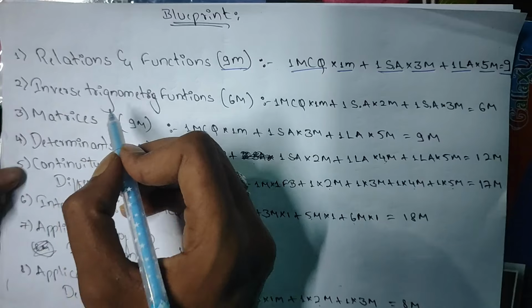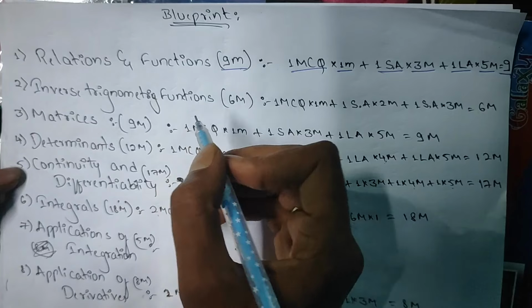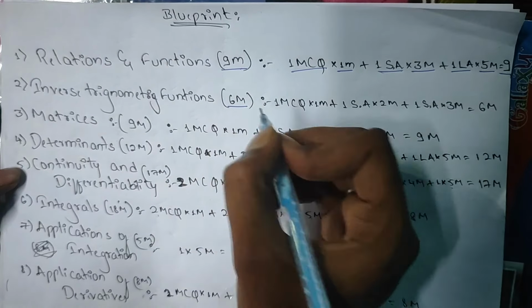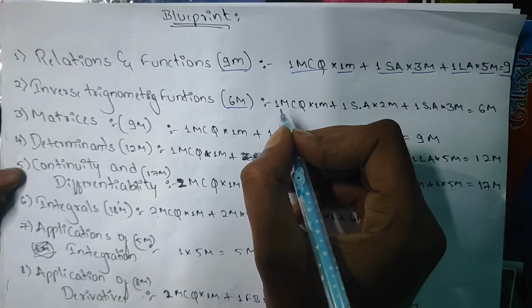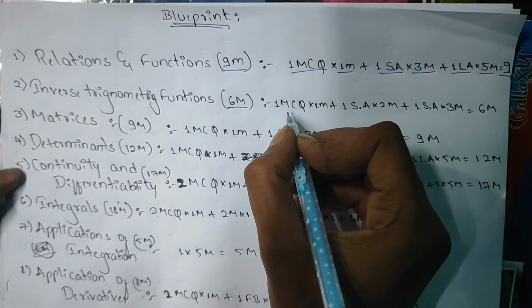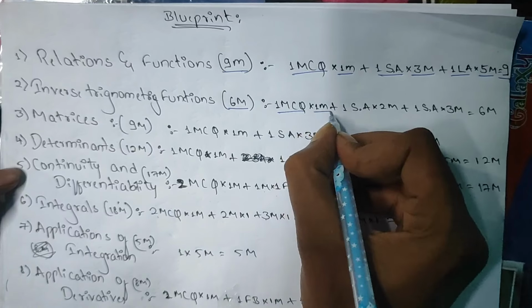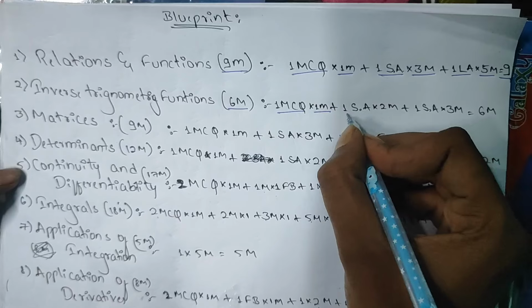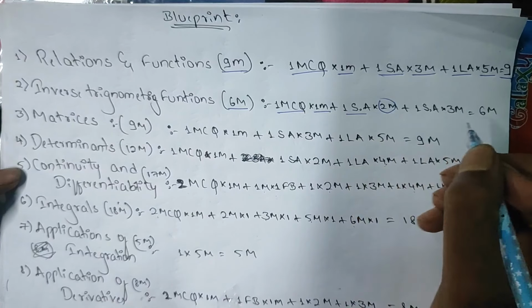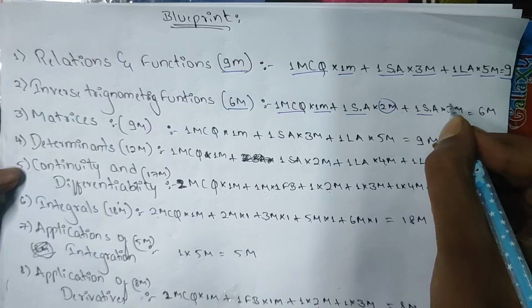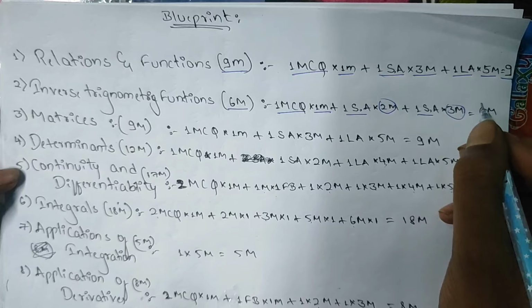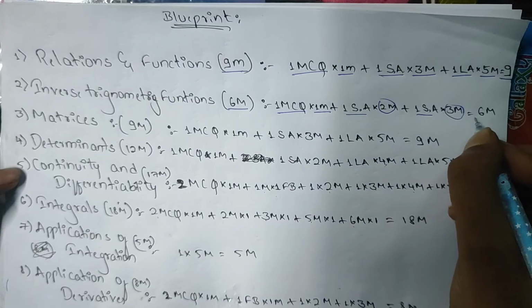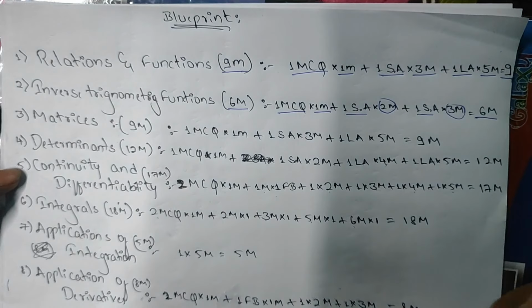Next, inverse trigonometric functions, which is of 6 marks. Within this chapter we will have one MCQ of 1 mark, one short answer of 2 marks and one short answer of 3 marks, and this will contain 6 marks.